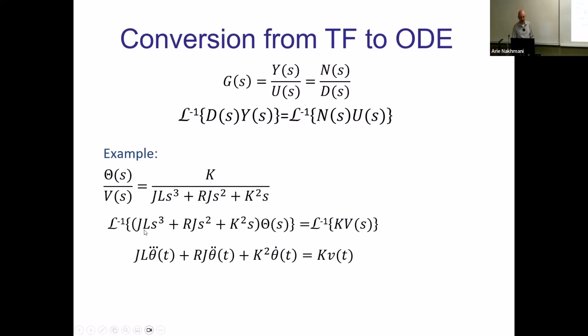So it's L times J times the third derivative of theta, and you'll get that thing in time. Same thing, second derivative of theta times R J plus first derivative of theta times k squared. This is what you see here. And on that side, this is a constant, so it's nothing. It's the same constant times the inverse Laplace transform of v, which is small v of t. This is the equation.